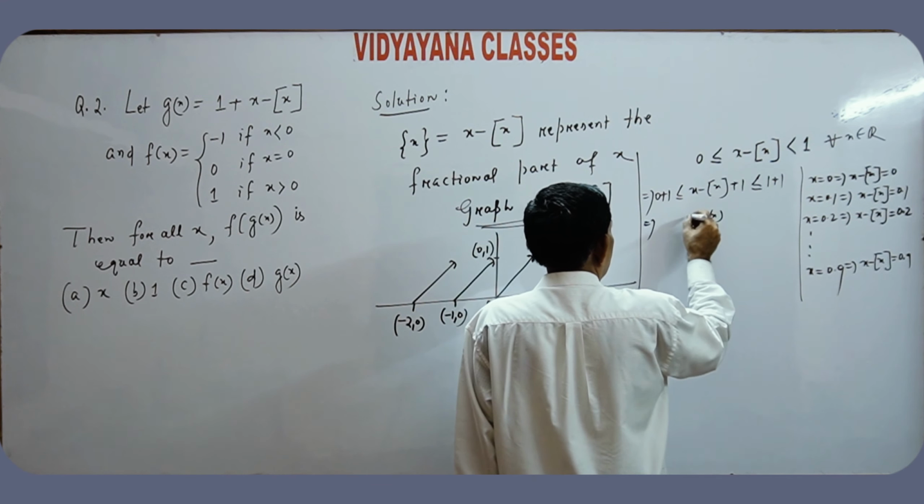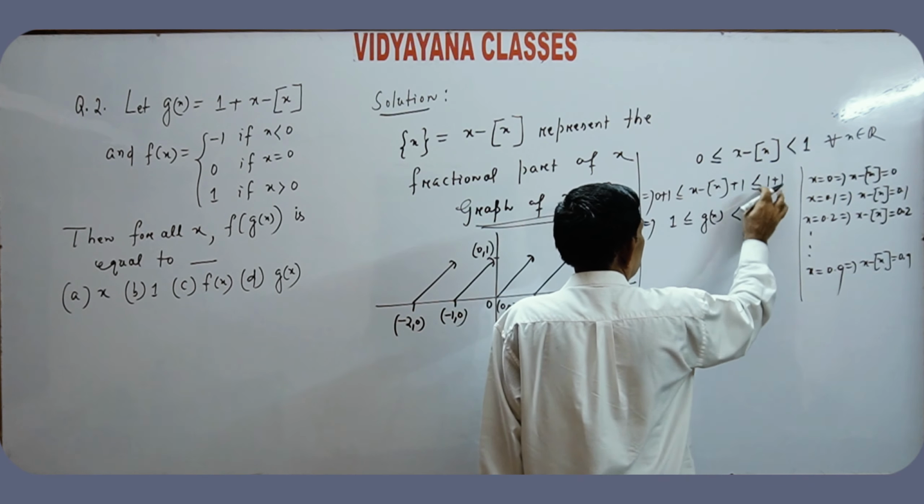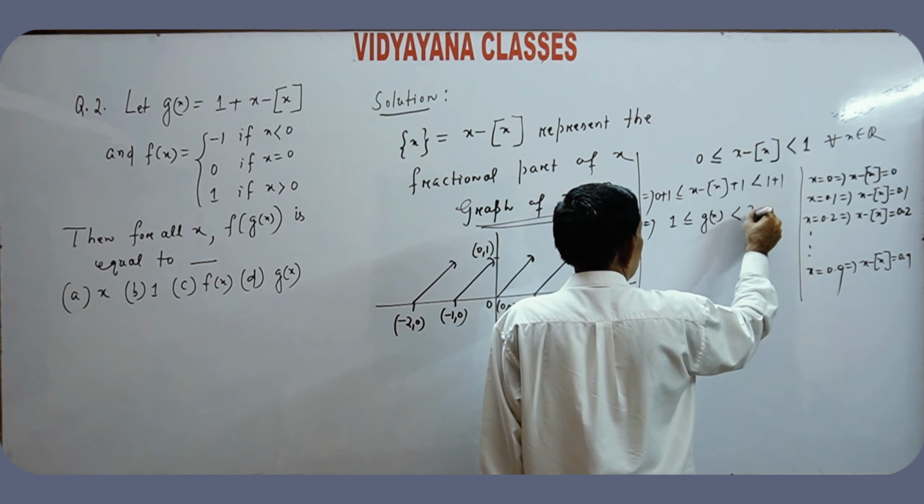So g(x) is greater than or equal to 1 and less than 2.